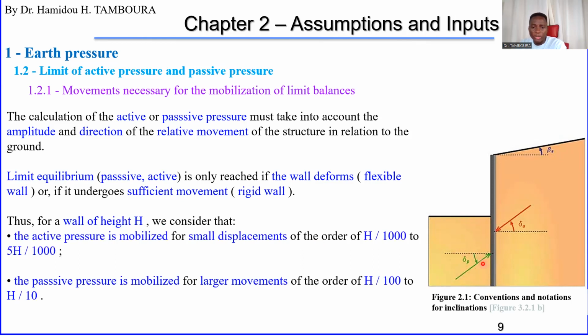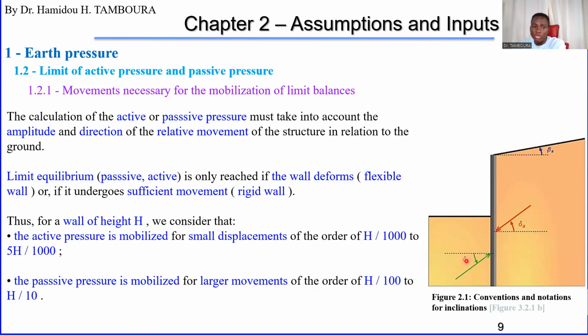In case of passive pressure, the minimum movement necessary to mobilize this passive pressure is h divided by 100 to h divided by 10. So that one is larger. We need a larger movement to mobilize this.